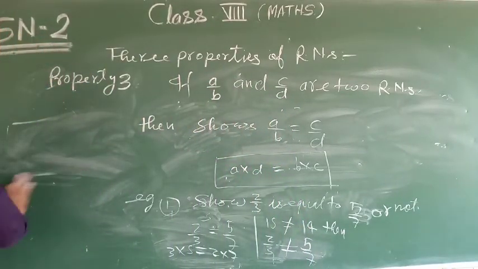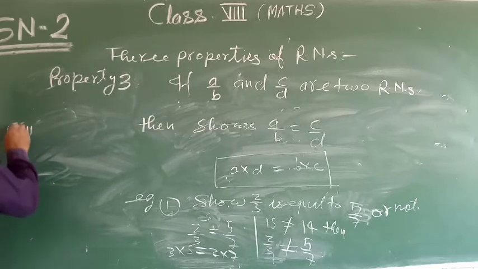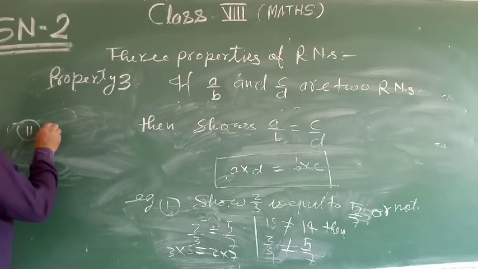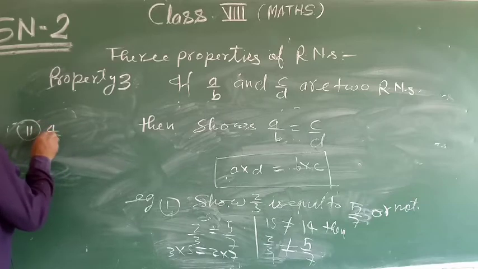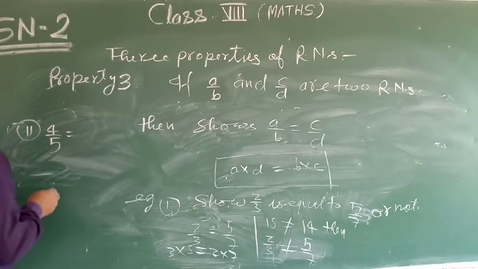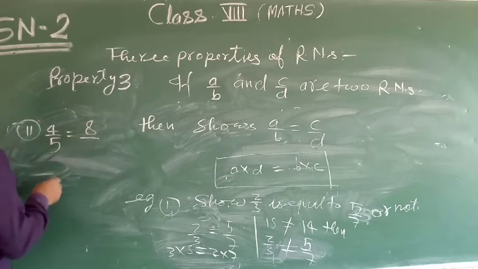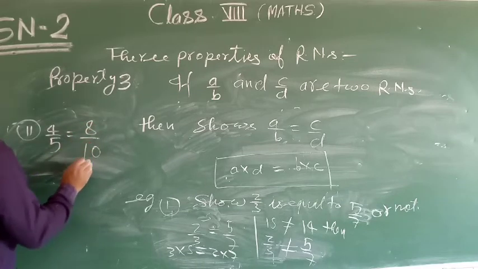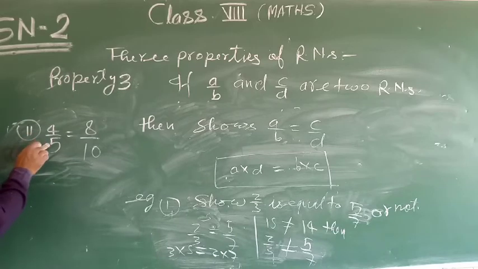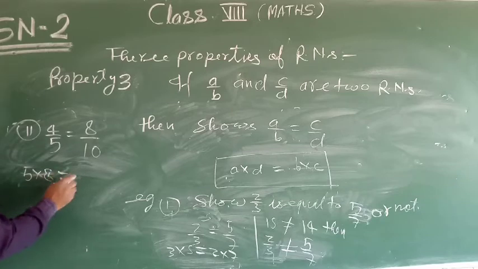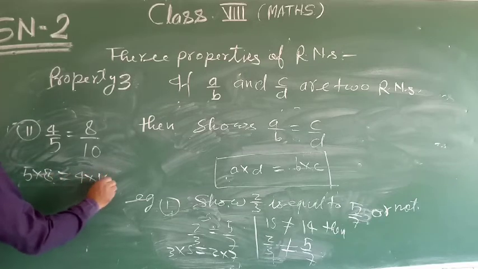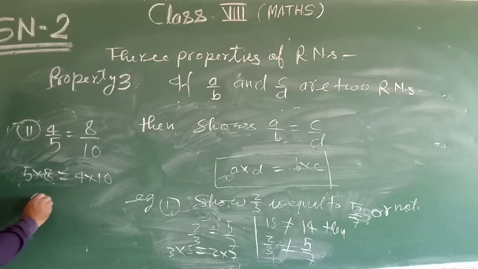Okay? And here the second case: 4 upon 5 is equal to 8 upon 10, is this equal to this or not? In this case we observe that 5 into 8 is equal to 4 into 10. 40 is equal to 40.